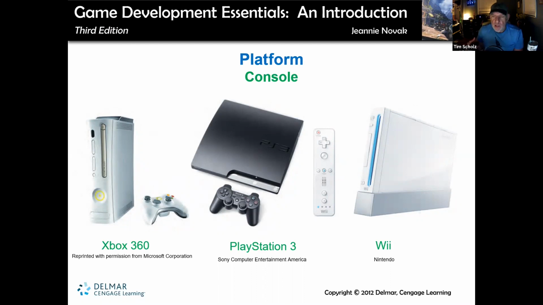It didn't have any kind of connectivity. Obviously, with the introduction of all three of these platforms shown, you also introduced the concept of being able to play games and do things online as well.